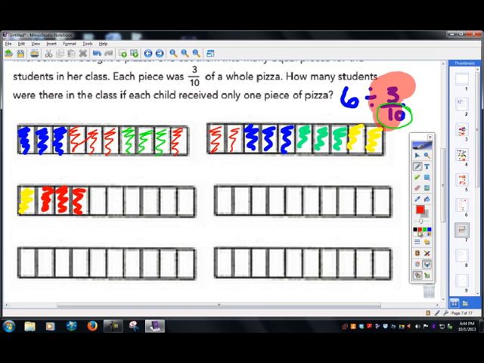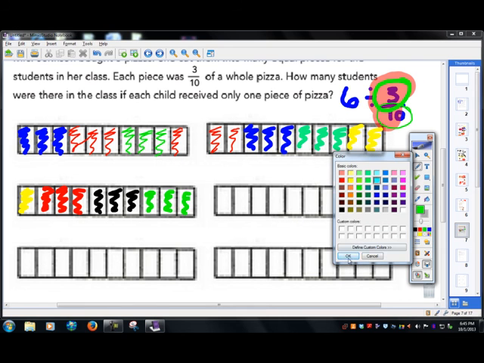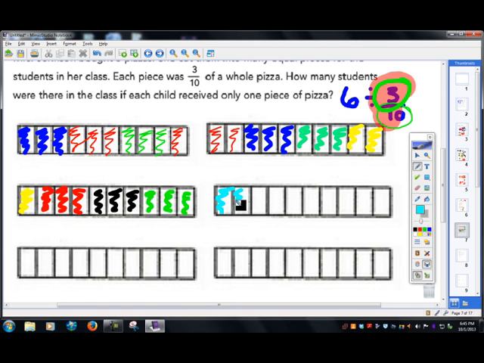There's a group. 1, 2, 3. There's a group. 1, 2, 3. There's a group. Remember, I'm looking for groups of 3. Okay? 1, 2, 3. 1, 2, 3. 1, 2, 3.